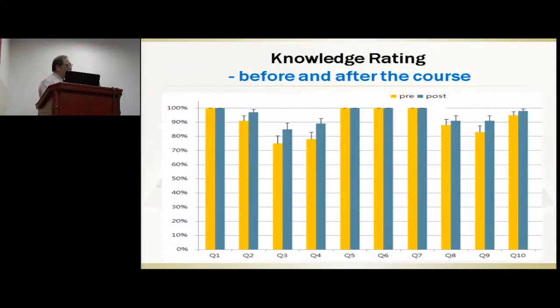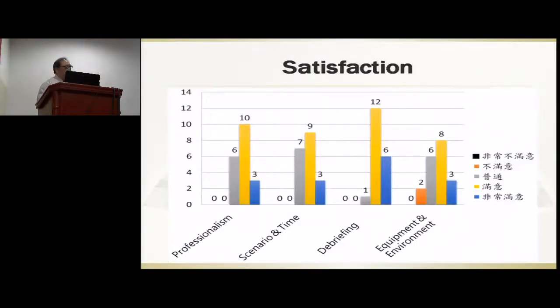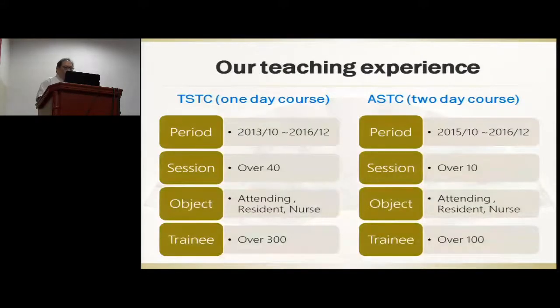This is the test before and after the courses. Okay. And with quite a certification, the yellow bar and the blue bar are the very satisfied and the satisfied. Okay. So this is our teaching experience.